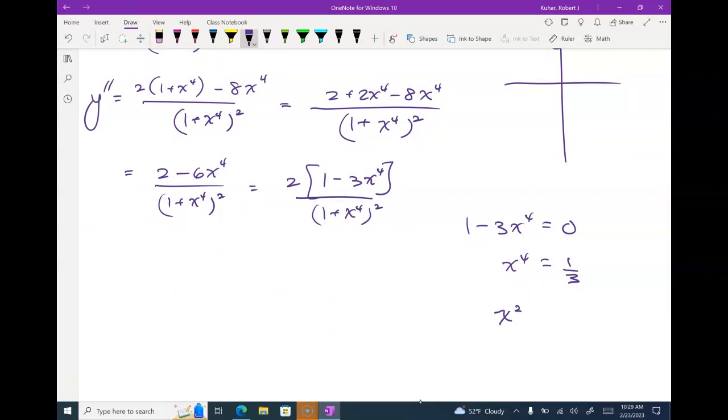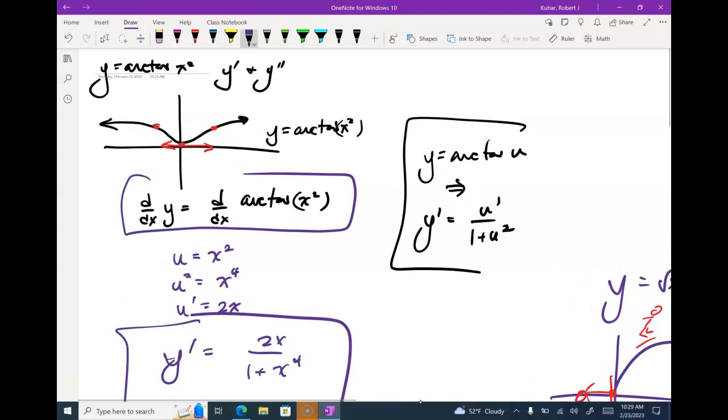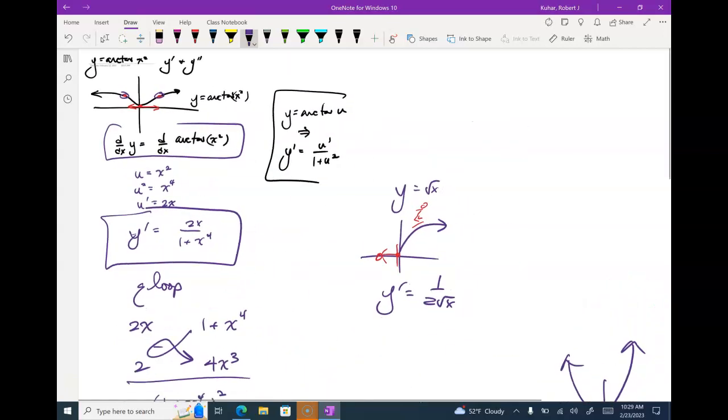So x squared is plus or minus 1 over the square root of 3. And so x is plus or minus the square root of 1 over the square root of 3. And that's where I'm seeing those 2 red dots: minus the square root of 1 over the square root of 3, and plus the square root of 1 over the square root of 3.